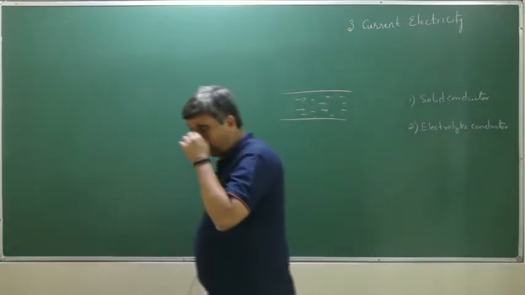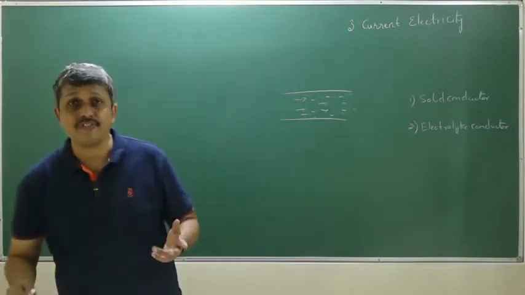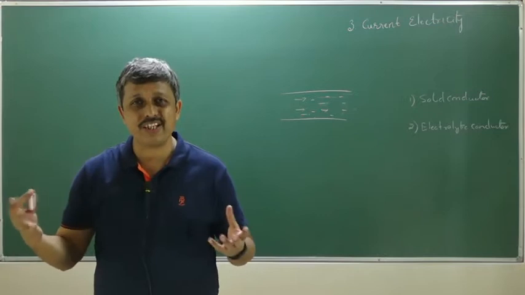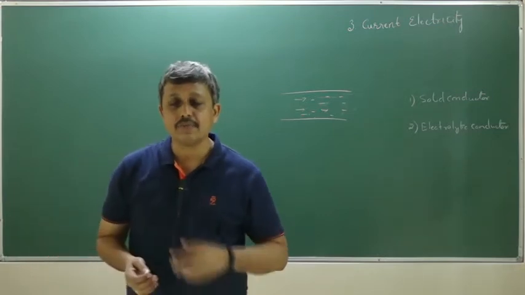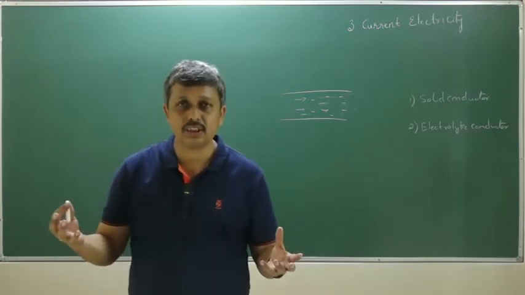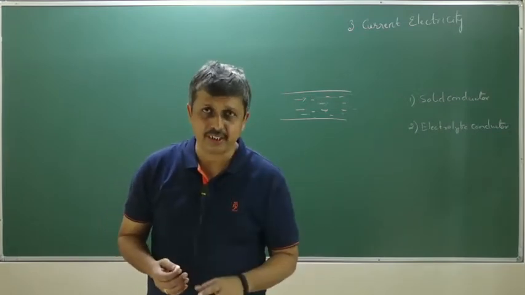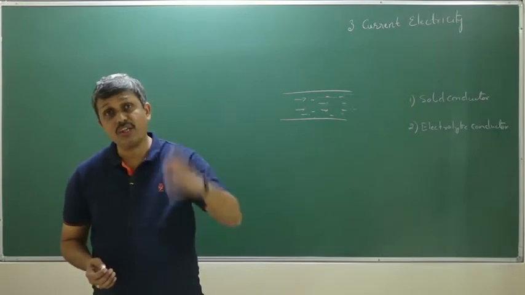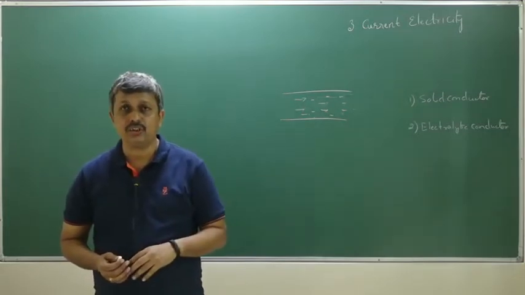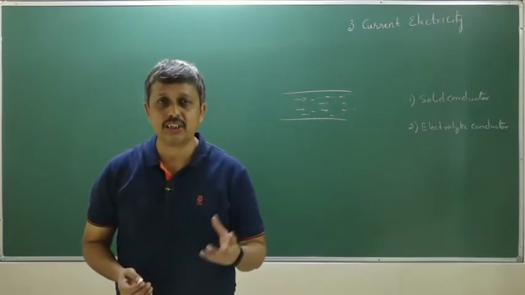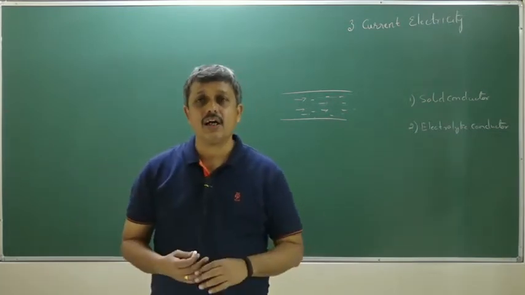In the case of a solid conductor, what happens is that the solid has lots of these atoms inside, nicely packed, and atoms cannot move. They are all stuck to each other, stuck to their places, and they can only vibrate. Whereas the electrons which are going around those nuclei, at least some electrons, the outermost shell electrons in the case of metals, are free to move.